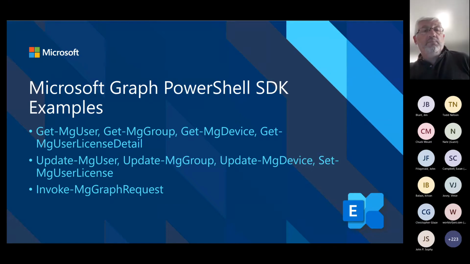And then, apart from gets, you have updates, which are things like Update-MgUser, Update-MgGroup. Notice it's not set. Mostly it's update, but there are exceptions, like Set-MgUserLicense, which is there to update the set of licenses that a user account has.